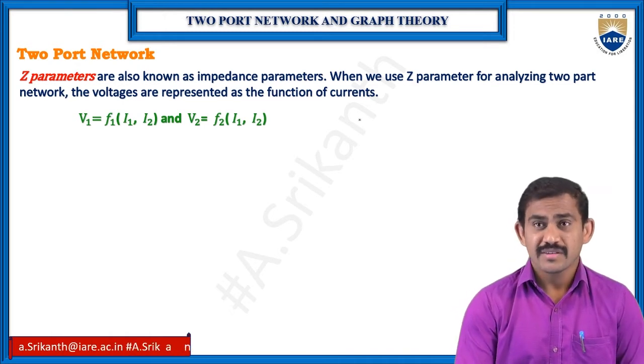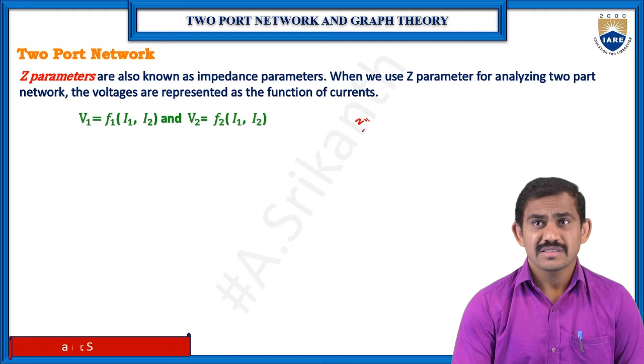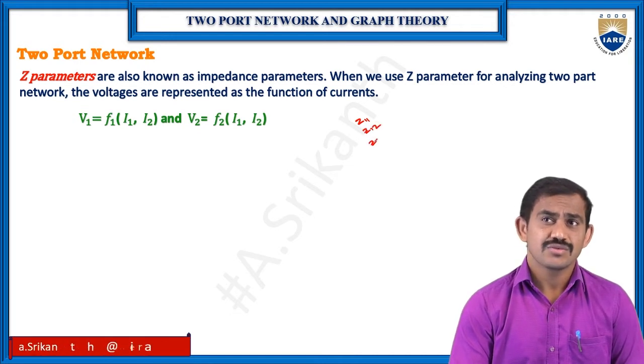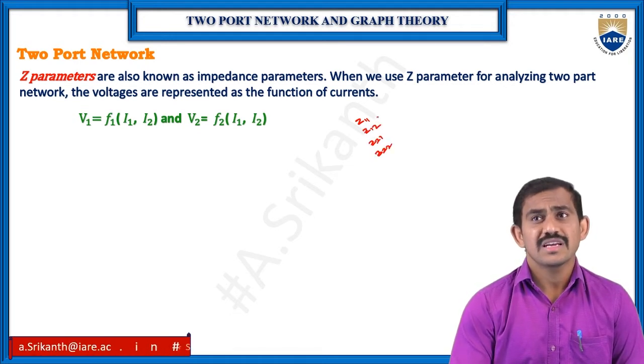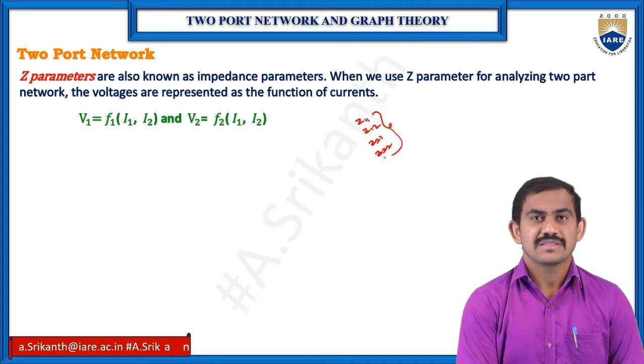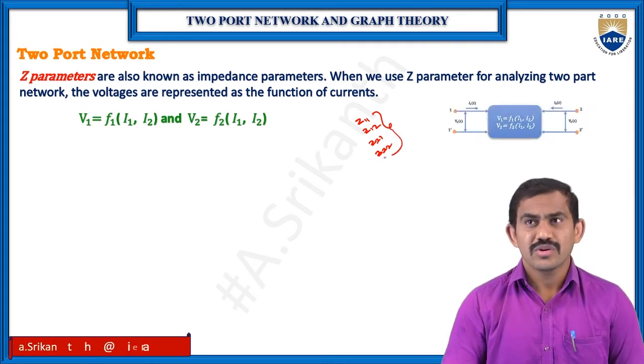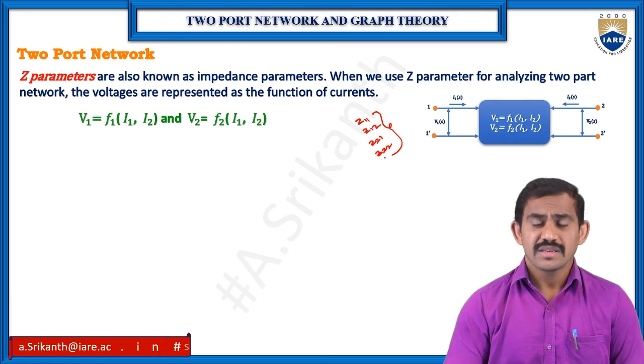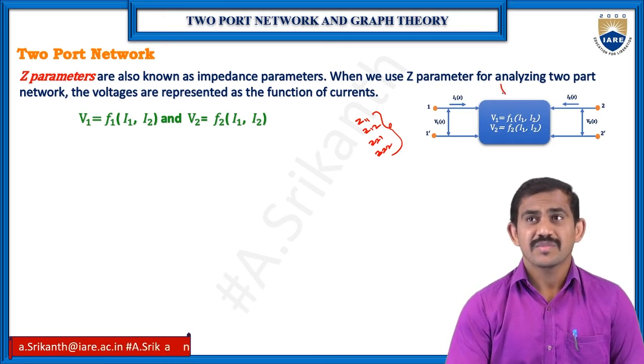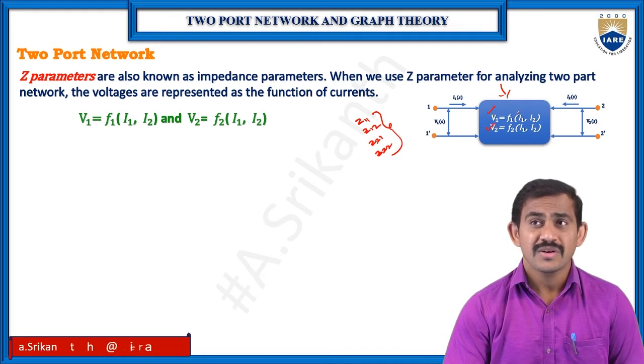For Z parameters we have Z11, Z12, Z21, Z22. So these are the Z parameters, primary side as well as secondary side. Coming to your two-port network, your Z parameters have V1 and V2 equations in the form of I1, I2.